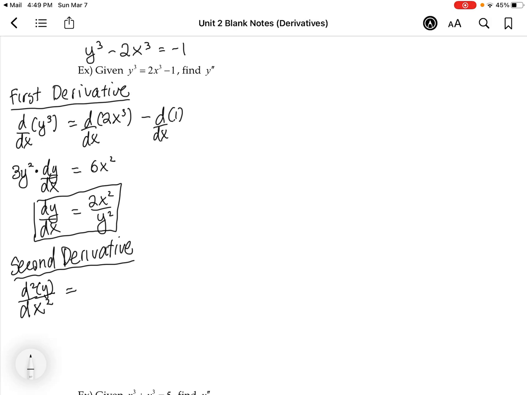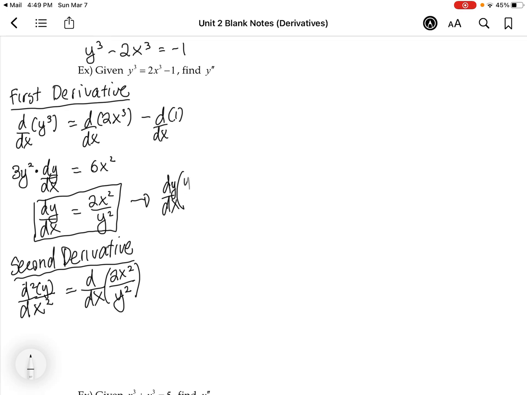But here we go, d squared y by dx squared is going to equal, on the right side, d by dx of the right side, which is 2x squared over y squared. The reason we have this d squared y by dx squared is because what I'm doing here is taking d by dx of dy dx.